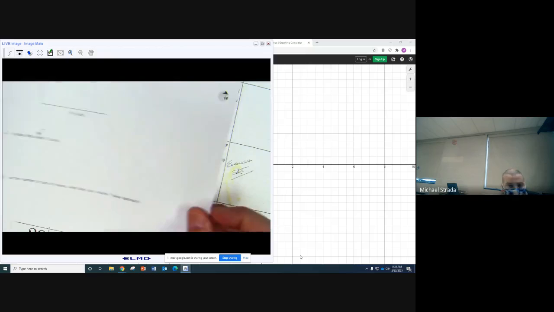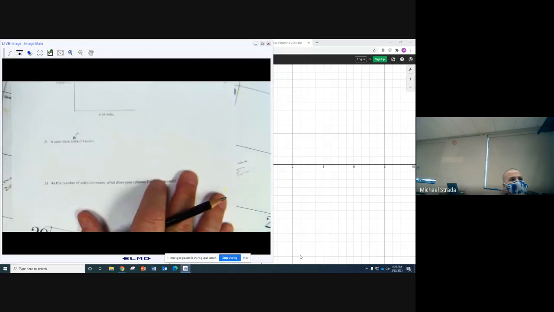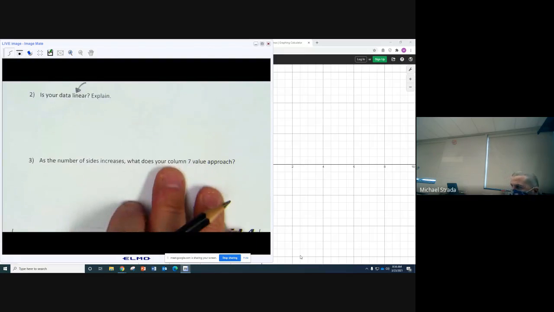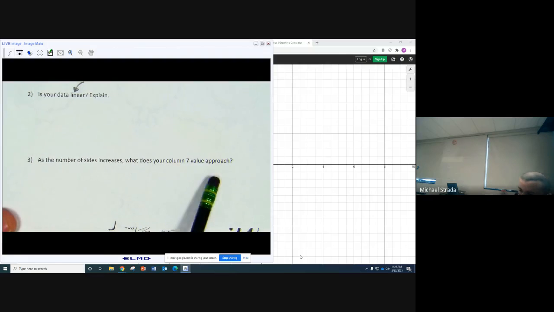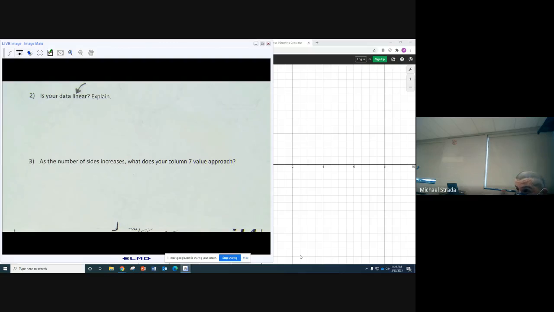What does your column 7 value approach? So if you do this awesomely, and if you don't, it's okay. Your answers are based upon your data. If you do this awesomely, for lack of a better word, it'll get closer and closer to a particular number, a number we're going to use over the next week or so very frequently.